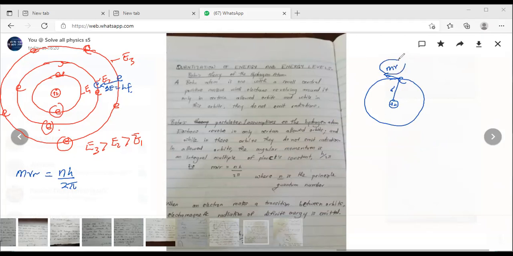So the moment of momentum about the center, with the perpendicular distance from the nucleus, will give us a moment of mv, which is mvr. So mvr is an integral multiple of nh over 2 pi, where n is the principal quantum what? Quantum number. So therefore, that is the second postulate of Bohr.